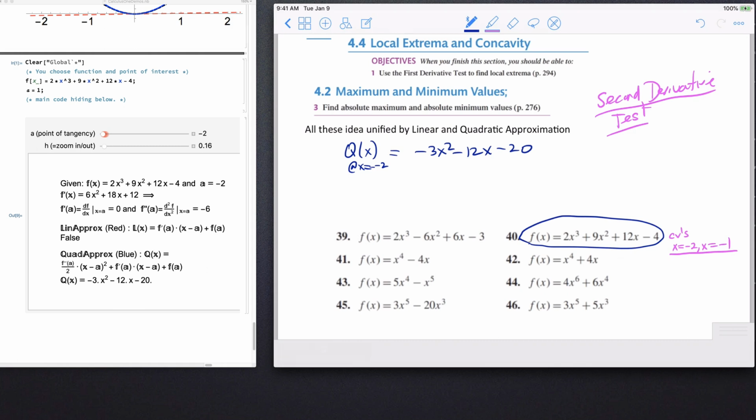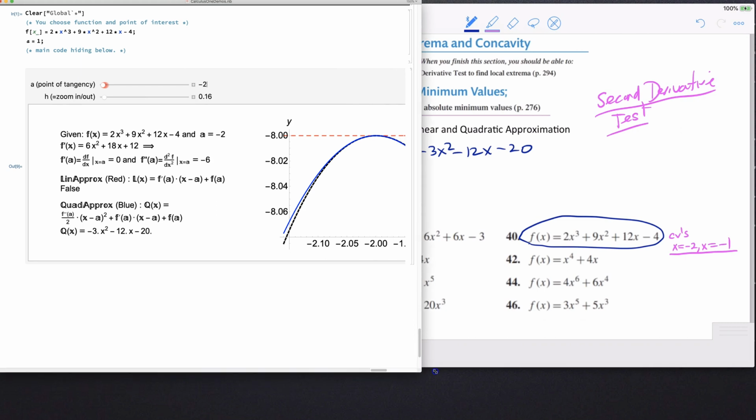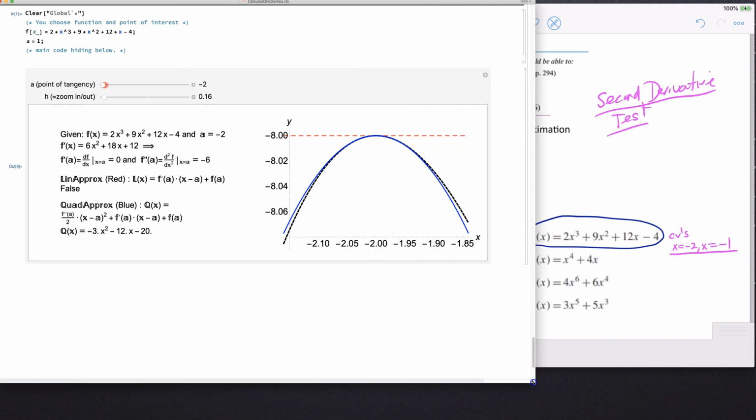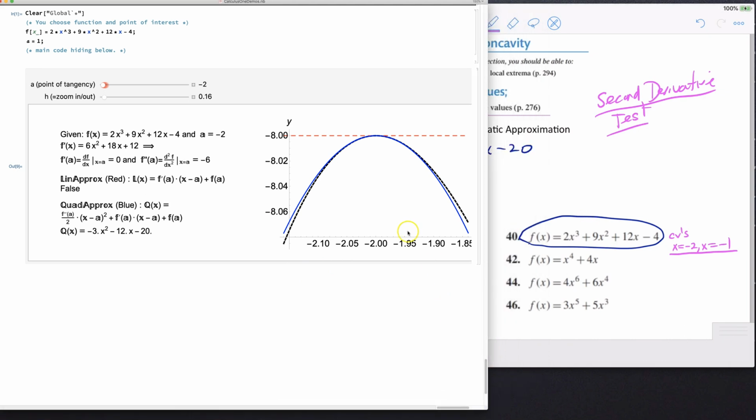Okay, and we can see that there is a graph of that quadratic approximation. The black solid line is the function that we have circled there on the right. That's the black dotted line, and the quadratic approximation is the -3x squared minus 12x minus 20 function.